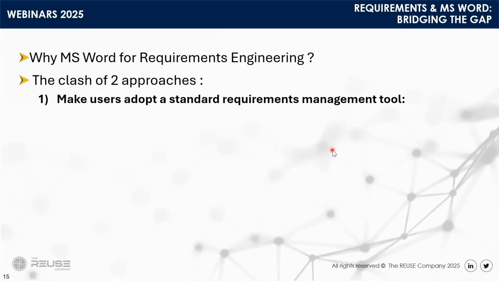That's what most organizations decide to do, because standard requirements management tools are known for having extensive capabilities to deal with requirements. And if you're working with other entities that use the same tool, it increases the interest of having the same tool here.